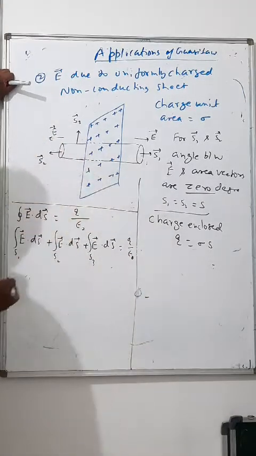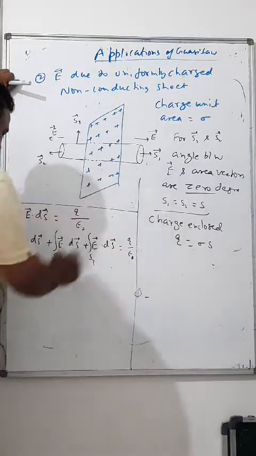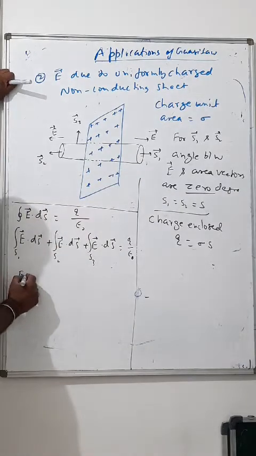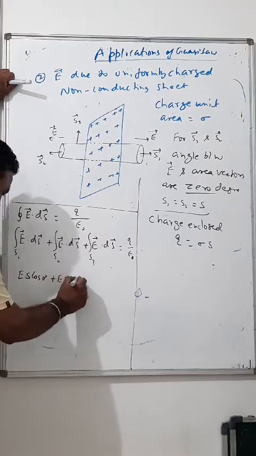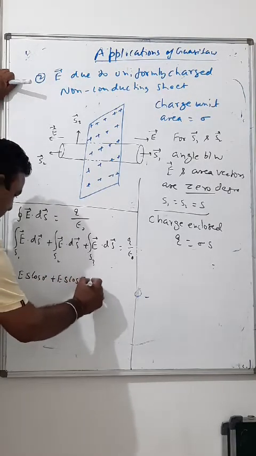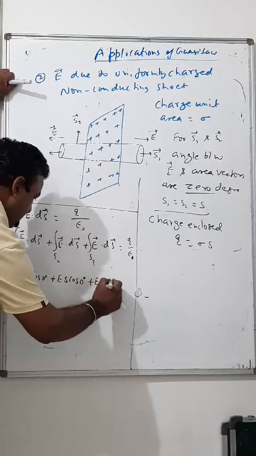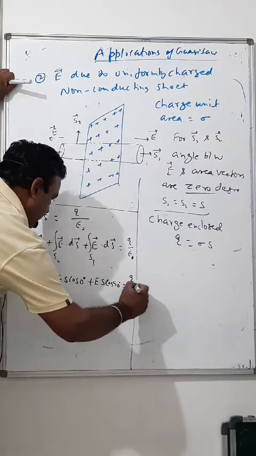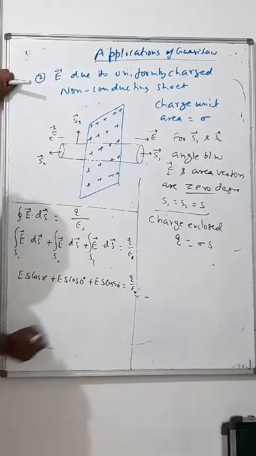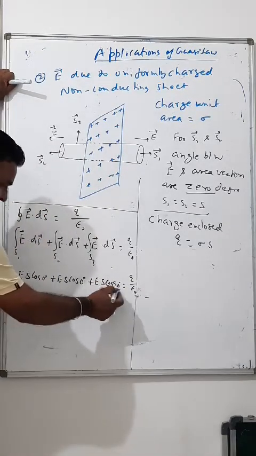For S1 and S2, these become ES cos 0 plus ES cos 0 plus ES cos 90 equals Q by epsilon naught. This term becomes cos 90, that is 0.